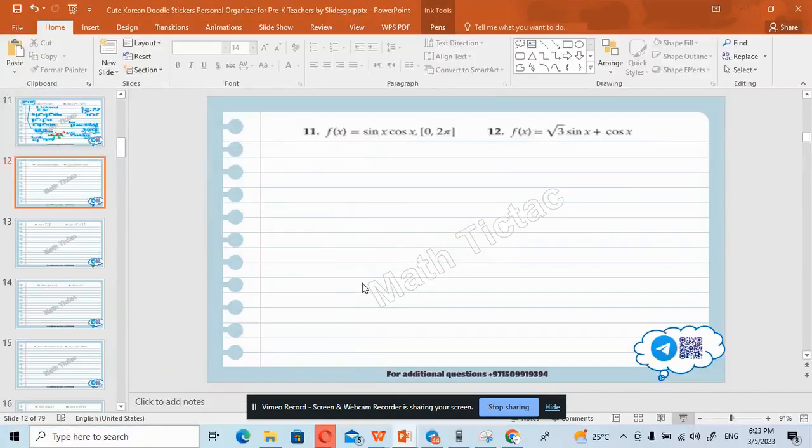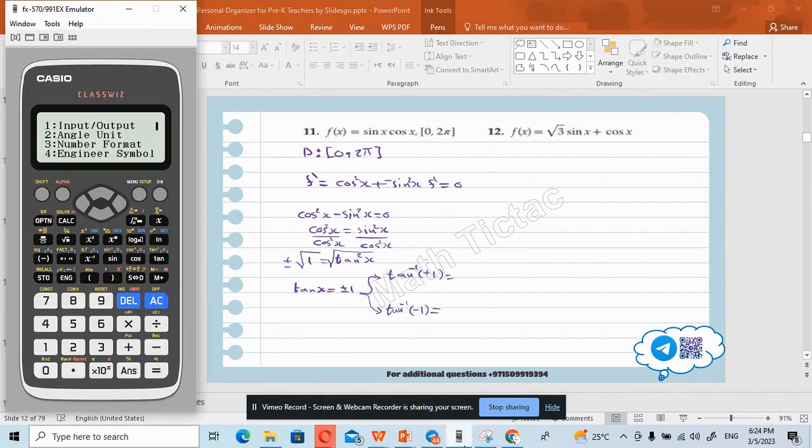So directly go to your calculator. So in here I will choose shift menu. Yes, shift menu, then convert your angle unit to be in radians. So in here I'll start by converting the unit to be in radians instead of degrees. So this is 2, so now it's in radian.